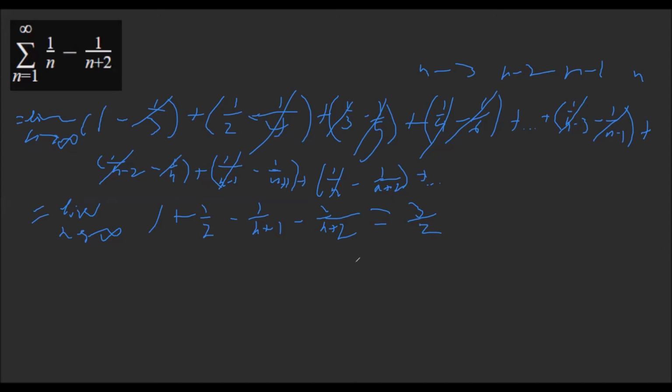Same goes for this term over here. So that's why we end up with 1 plus 1/2, which is equal to 3 over 2. So we can say, therefore, the infinite series from n equals 1 to infinity of 1 over n minus 1 over n plus 2 converges to 3 over 2 by the telescoping series test.